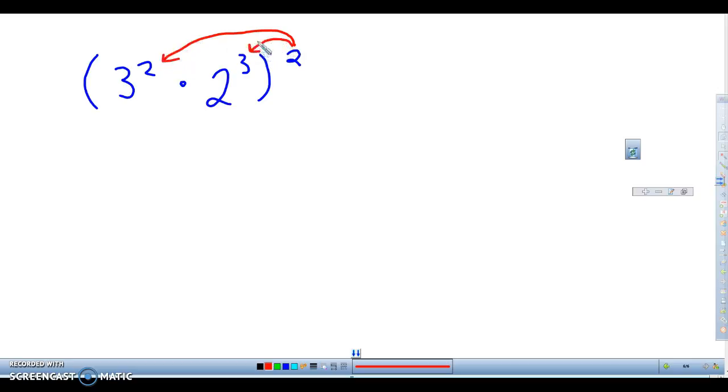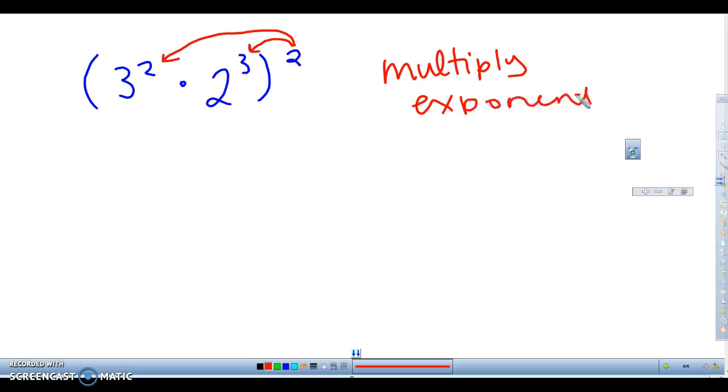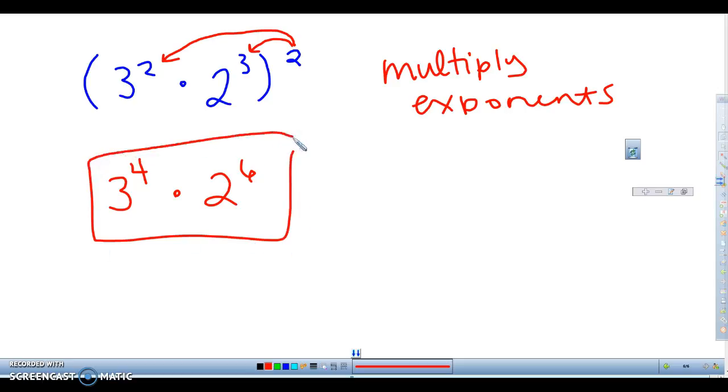And when I do that, I'm going to multiply the exponents. So I should get 3 to the 4th times 2 to the 6th. That's as far as it's going to go. That's okay. This can be my answer.